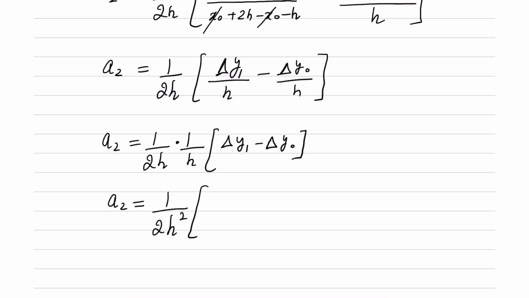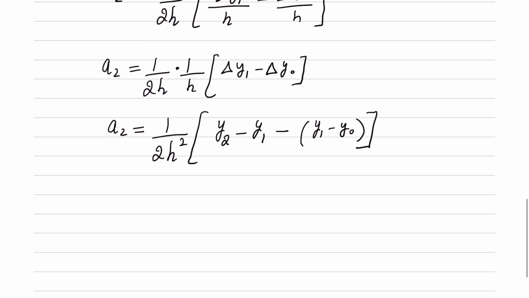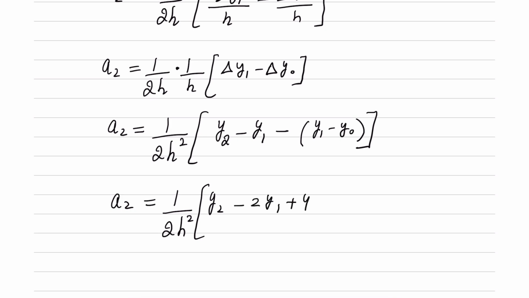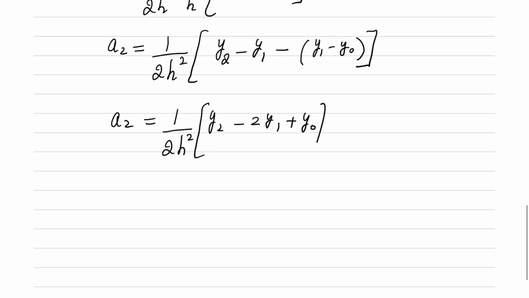Let's open up del y1, which by definition of forward difference operator is y2 minus y1, minus forward y0, which is y1 minus y0 by the definition of forward difference operator. So we have a2 as 1 over 2h square, y2 minus 2y1 plus y0. So this is what we got for a2.